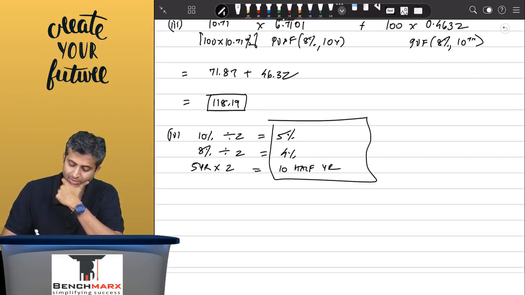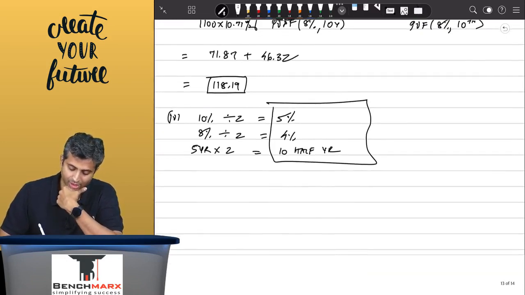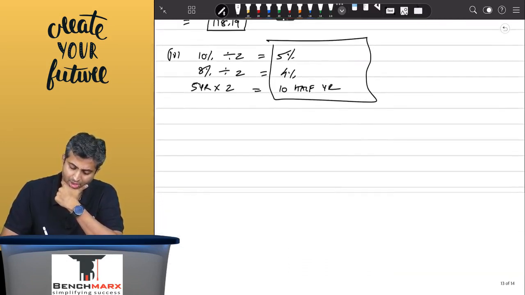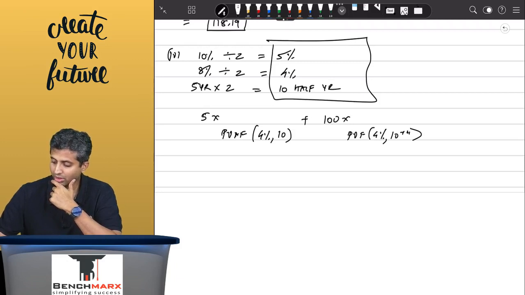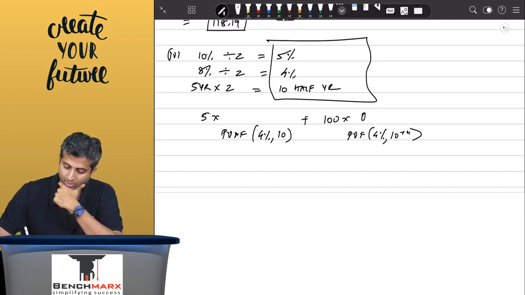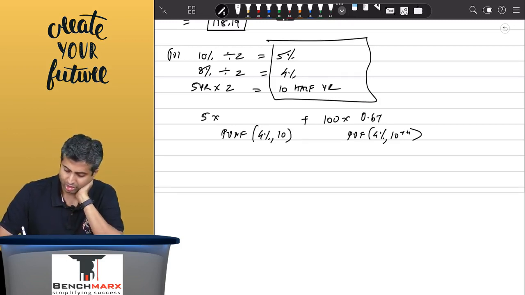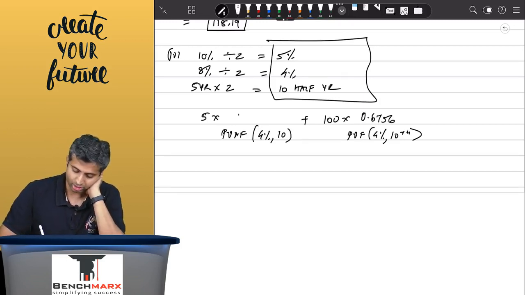So you will use this database and find the value. So the value today is the present value of future cash flows, which is 100 into 5%, that is 5 into the present value annuity factor at the rate of 4% for 10 half years, plus 100 into the present value factor at the rate of 4% for the 10th half year. So that's 1 divided by 1.04, 0.6756, grand total 8.1109.